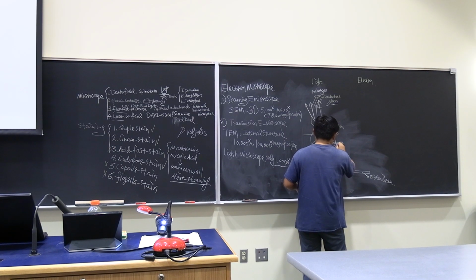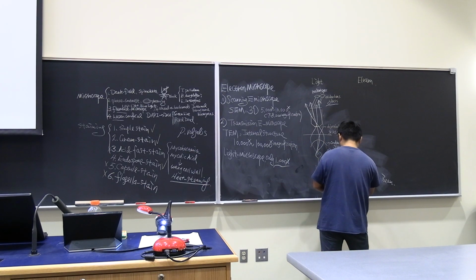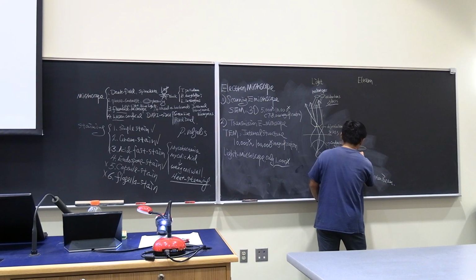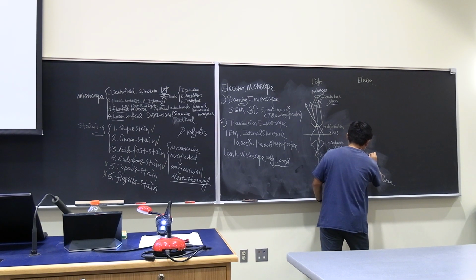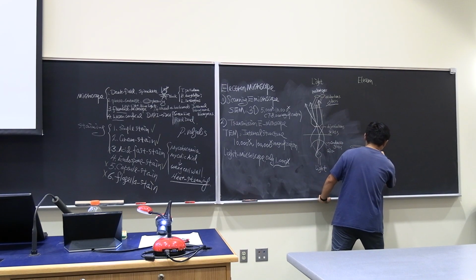This is also glass, okay, for light microscope. The condenser here, what it looks like? It's like a donut shape. So we call donuts condenser. It's made by electron magnet.